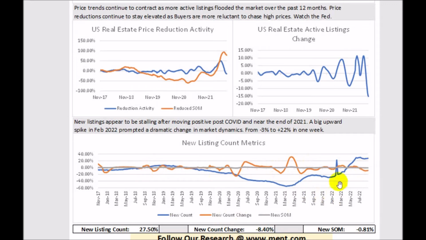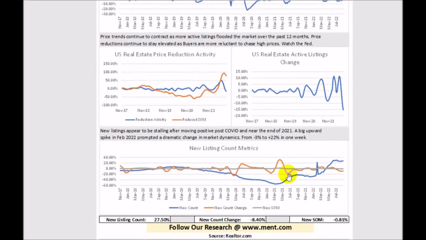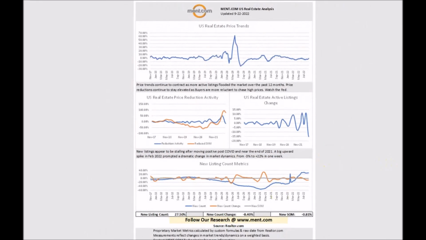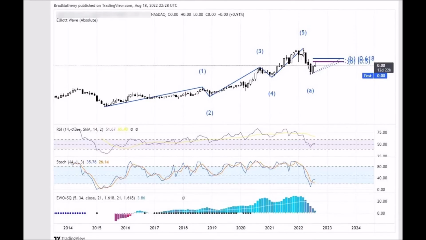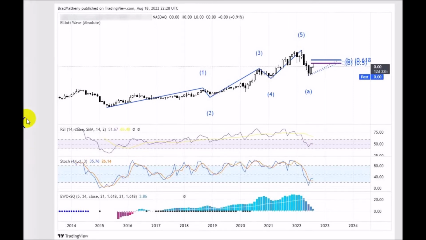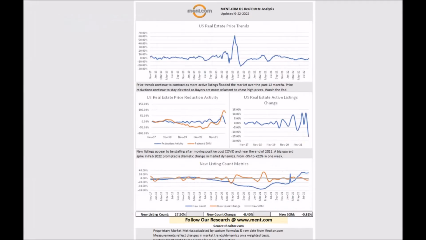I'm expecting the new count here, the blue line, the new listing count change, to move higher, and I'm expecting the markets to actually move into a downward price trajectory. Oops, wrong direction. I need to move over to this chart.